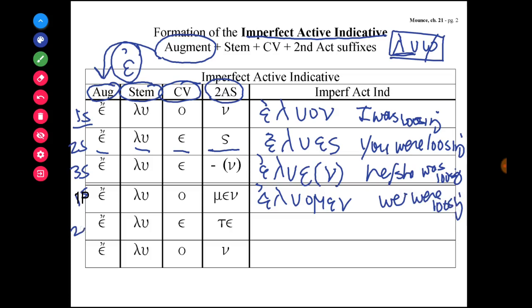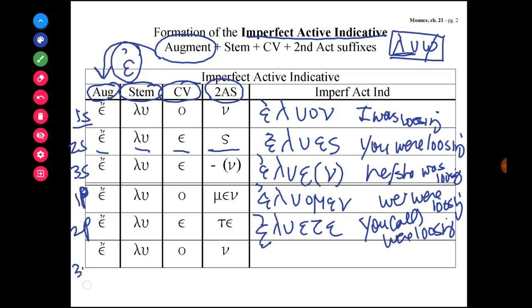The second person plural form, you all were loosing, is eluete. And the third person plural form, they were loosing, is eluon.